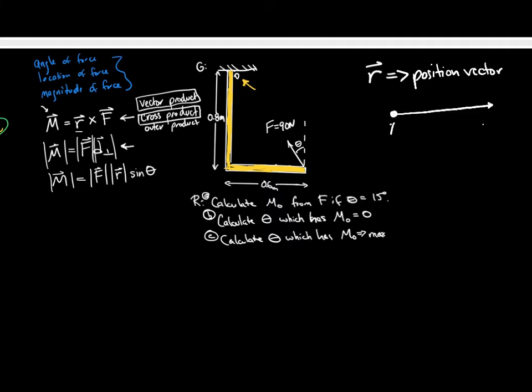This is the point we want the moment around, and this vector is going to go to anywhere on the line of action of the force. It always has to go in that direction. It's very, very important that it goes in that direction.